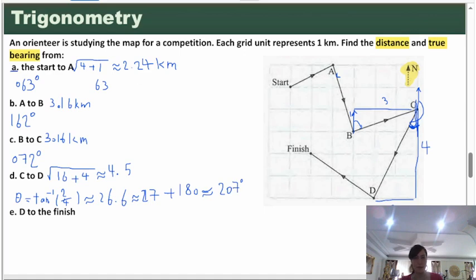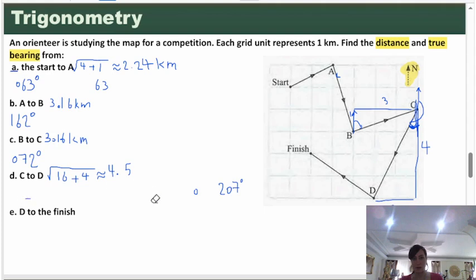So my bearing is 207 degrees. Okay, let me write it here. Okay, I will go for the last part. It's D to the finish.